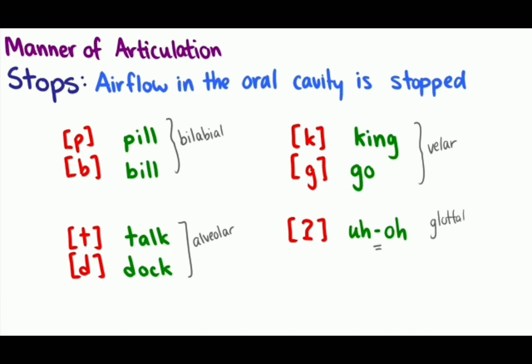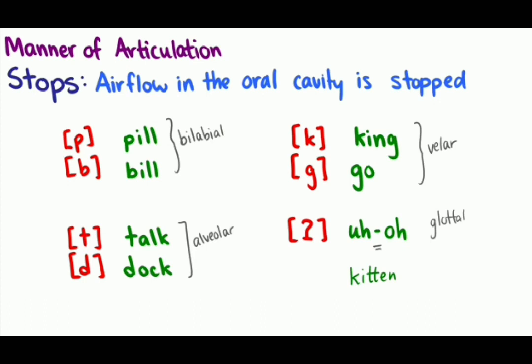Another word, in your dialect, isn't true for all speakers of English, but in a word like "kitten" you might have the glottal stop here. Some people say "kitten," some people say "kitten," and other people say "kitten" with the glottal stop.